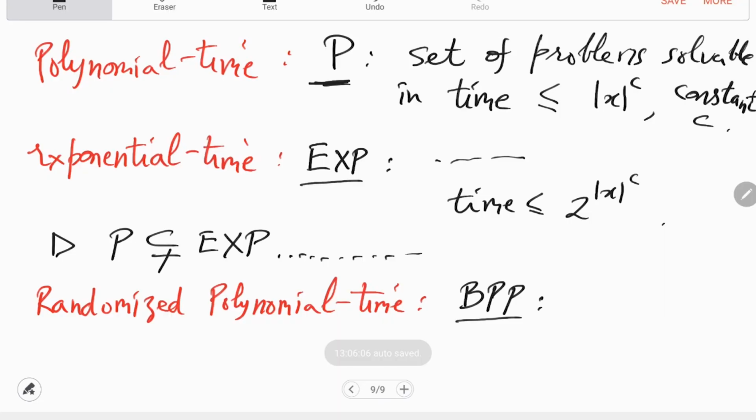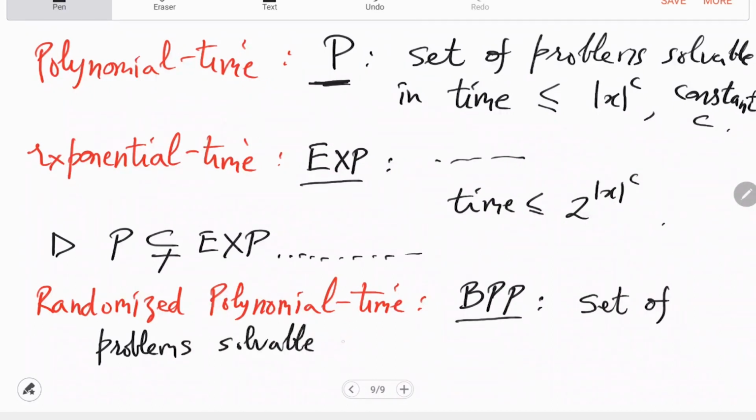This is as good as a correct algorithm. So what the Turing machine is doing here is solvable in polynomial time again, given unbiased coins.